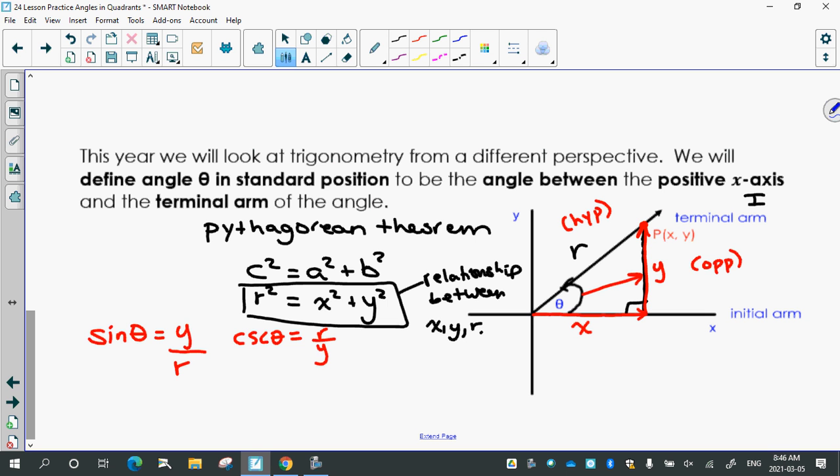And the cosine of angle theta is going to be the adjacent, which is always going to end up being the x value in this case, over the r value, which means secant of theta will always be the r value over the x value.